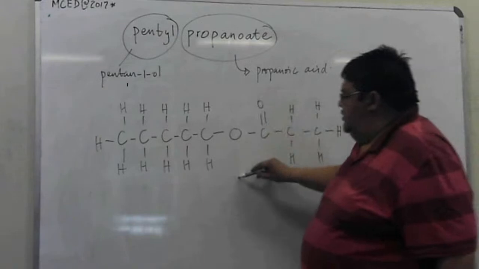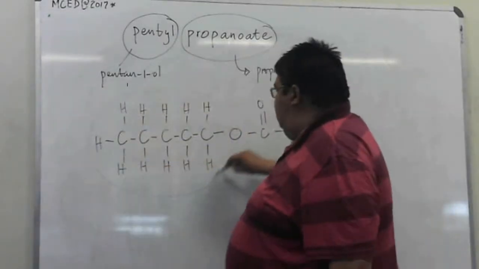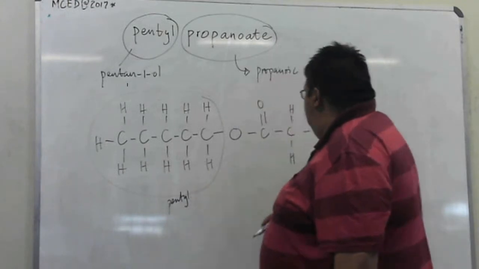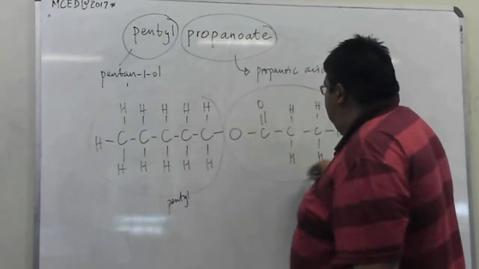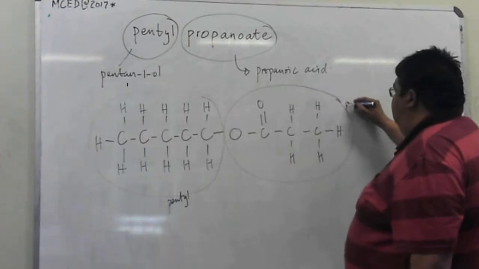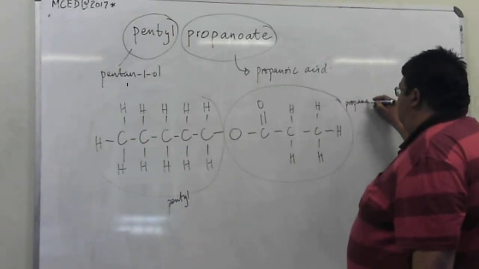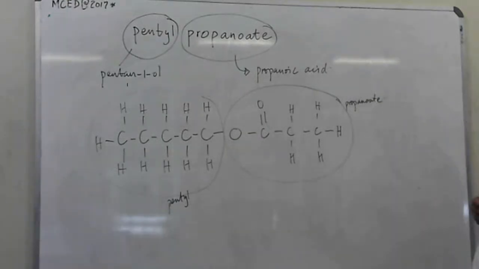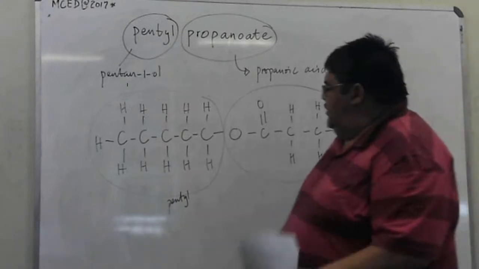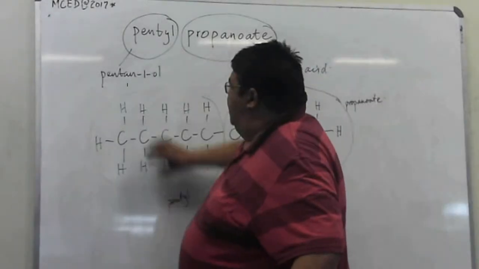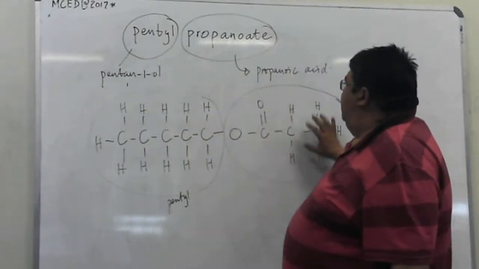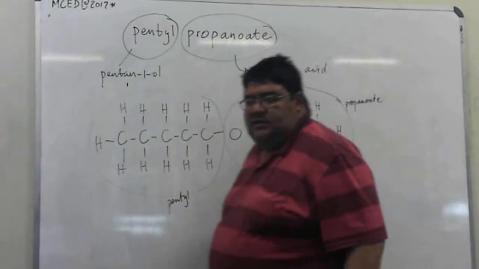There's the oxygen bridge, there's the pentyl, and this is the propanoic part. Right, so that is our ester, pentyl propanoate, and I remind you that the pentyl part comes from the pentan-1-ol, and that the propanoic part comes from the propanoic acid.